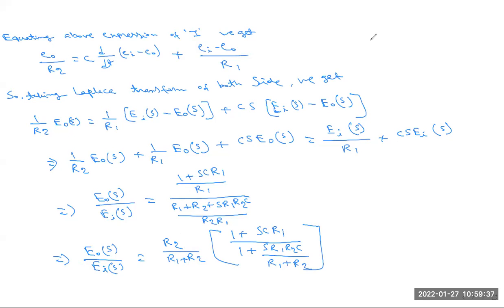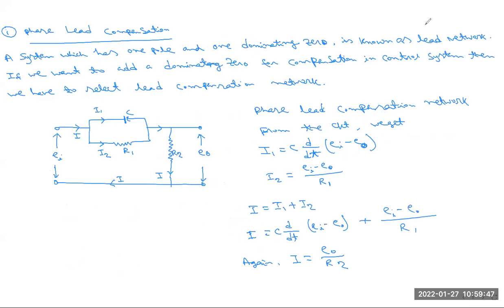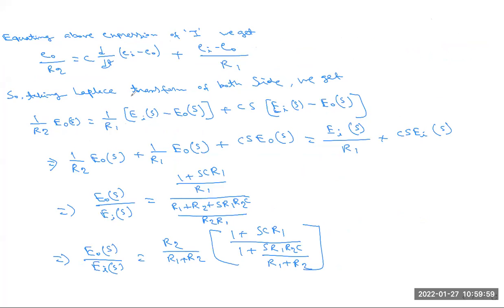Okay, so this is basically the expression of the output of the system for this lead compensation. In your exam, this question is coming: explain the phase lead network circuit and derive the output of the system. So you have to explain these equations in the lead network.